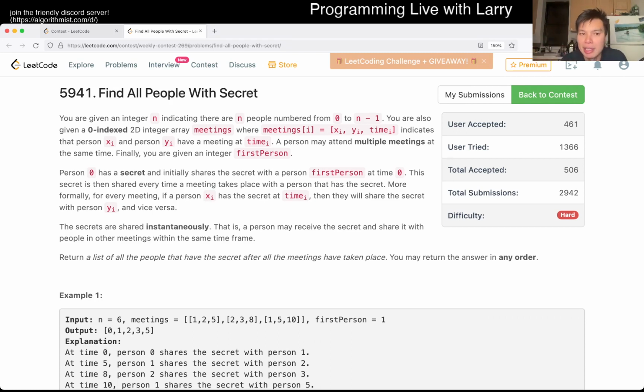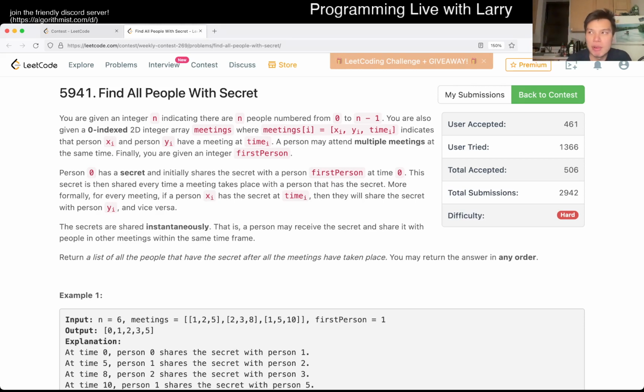I think there was another Q4 maybe a month ago where you have components that start out separately, and then at a certain time you merge them together. That problem sounds very similar to this one, and that's where my mind went first.